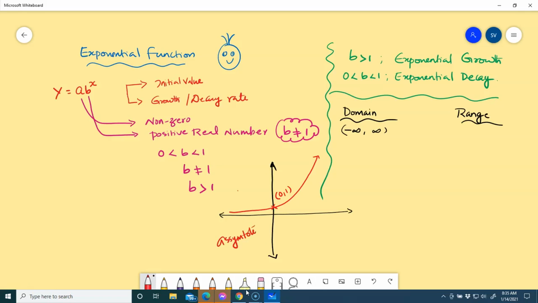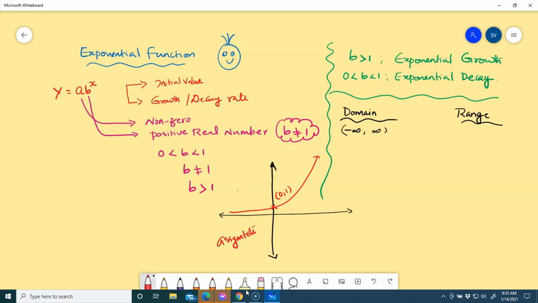Here, for the range, it is not going below 0, and it is not touching 0 either. Even at infinity it will not touch it. Towards negative infinity it is going, and towards positive infinity it is also going, for the x value.